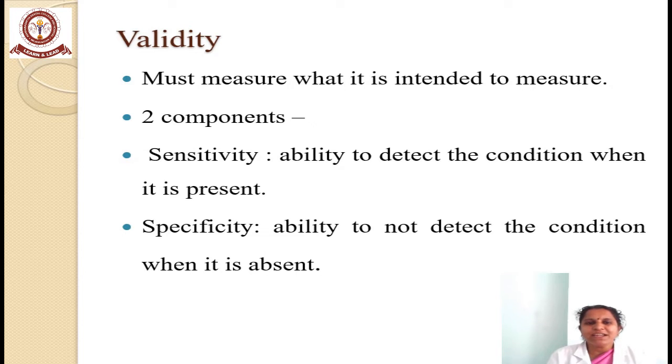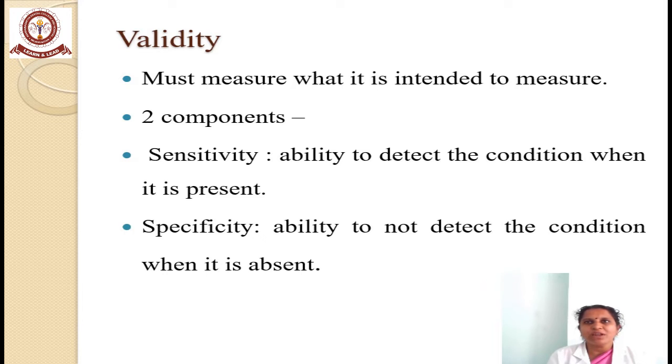Validity is about the purpose for which the index has been framed. It has to measure that alone. What it is intended to measure, it has to measure. There are two components of validity. One is sensitivity and the other is specificity. Sensitivity is the ability of the index to detect the condition when it is present.